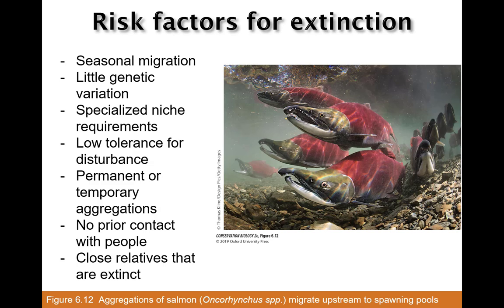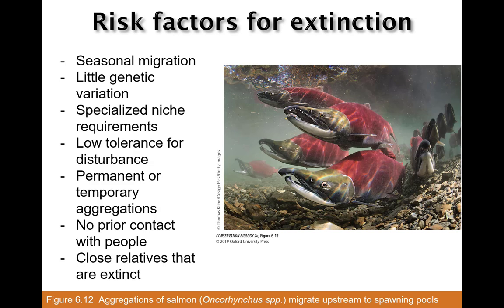Specialized niche requirements, again, things like that Aleutian shield fern living in a small area, or other species that are highly adapted to a particular species. Think of an insect specifically adapted to fertilizing a certain species of plant, and if that insect goes away, that plant then goes away, or if that plant goes away, the insect's food source might go away.